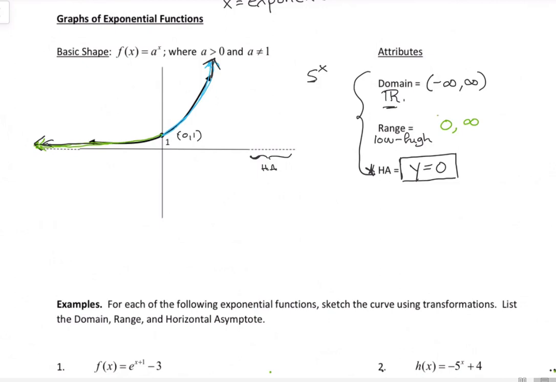So my range is going to be from 0 to infinity, and that 0 is closed with a parenthesis because I don't actually reach that horizontal asymptote. I don't know why my parentheses kind of tends to look like a bracket. I don't want that to be confusing. That is a parenthesis, never a bracket in the range for an exponential function. Okay, so let's take a look at some examples and get these curves in the examples drawn using transformations.